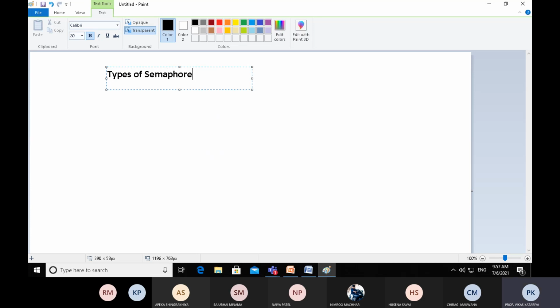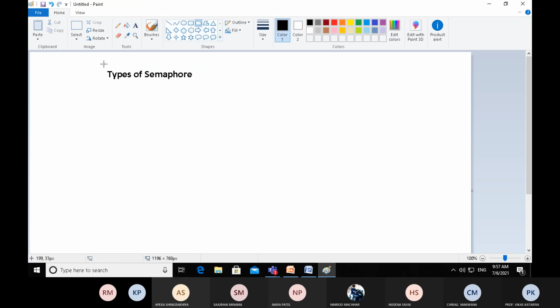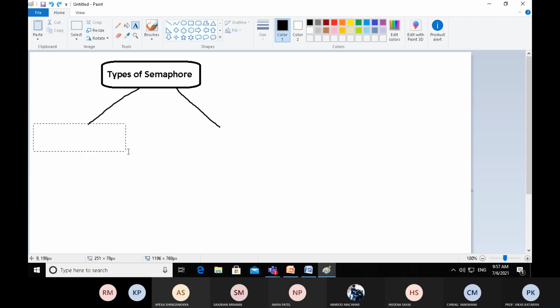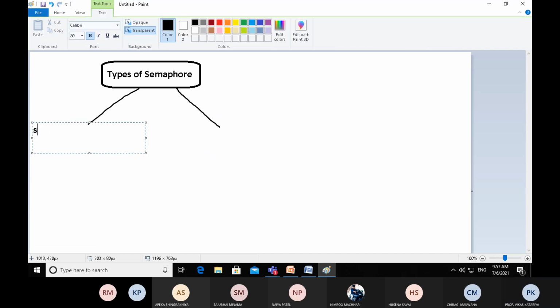Types of semaphore. So basically there are two types of semaphore: strong semaphore and weak semaphore.